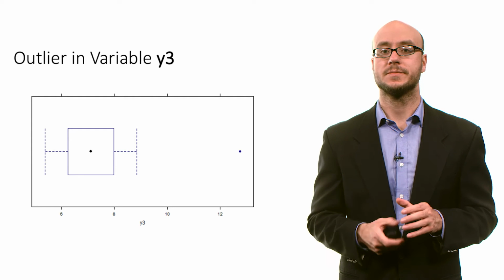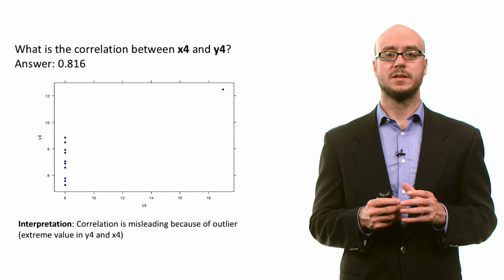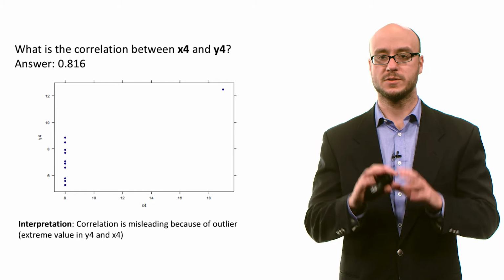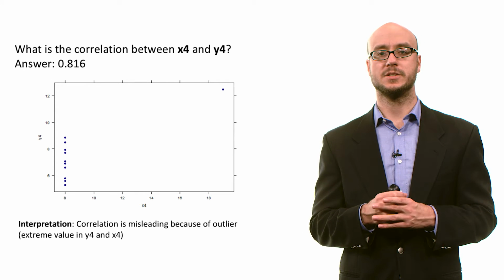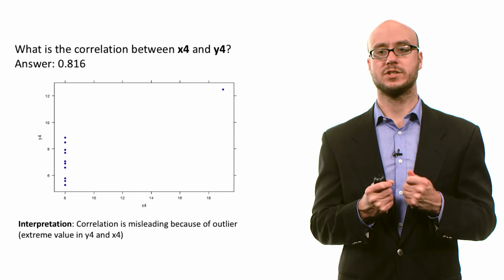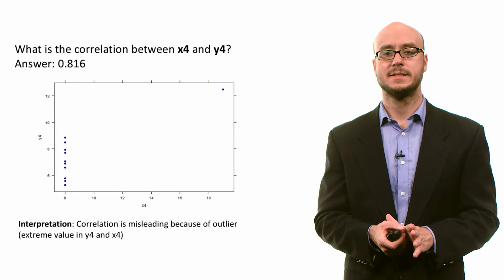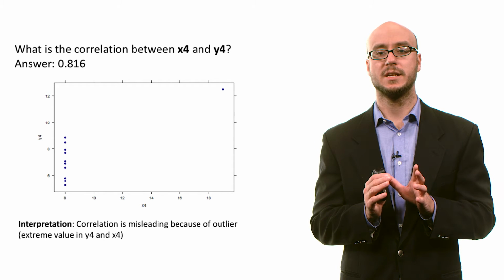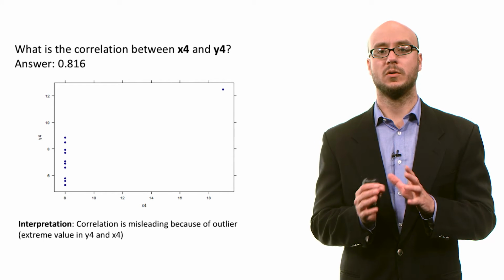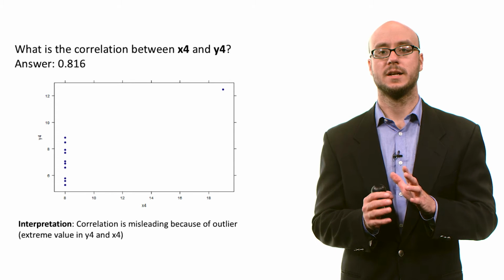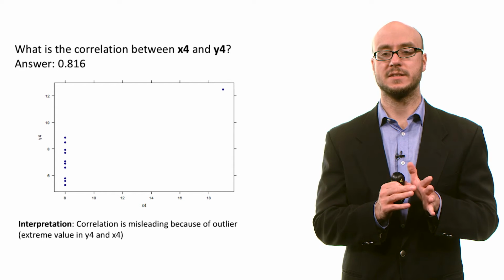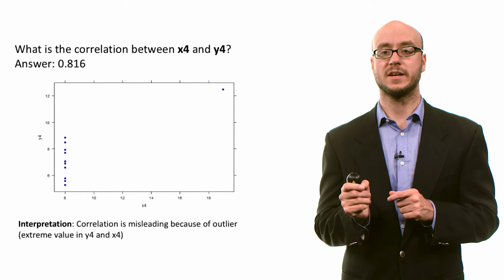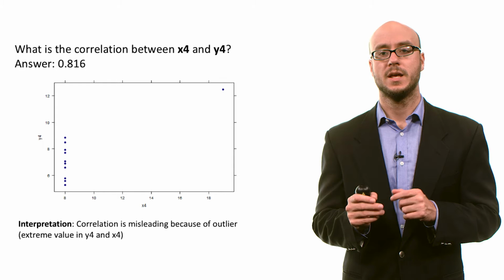fact there really is. If we look at the next quartet, of x4 and y4, the final data set in this quartet, we get this correlation coefficient of 0.816. Right? This is a really weird scatter plot because you can see that x4 only has two values. You can see most of the data points are on the left-hand side, and then we have this one outlying data point in terms of x4 all the way on the right.